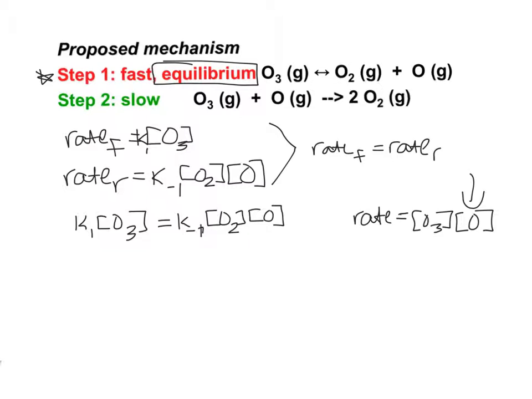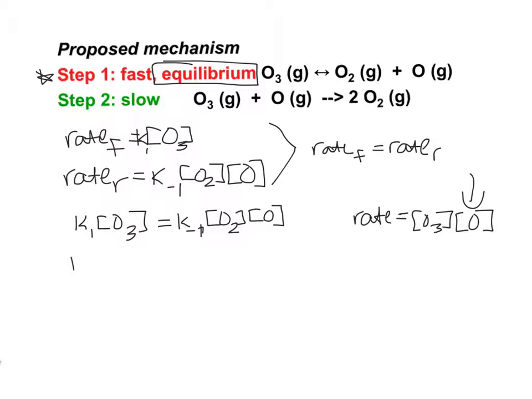So what I'm going to do is rearrange this set of data that I have right here and isolate it for just the O. Then I'm going to plug that back into here and see if it reduces down to the actual rate law. So next I'm going to do some rearranging. I'm going to divide over K negative 1 and O2.